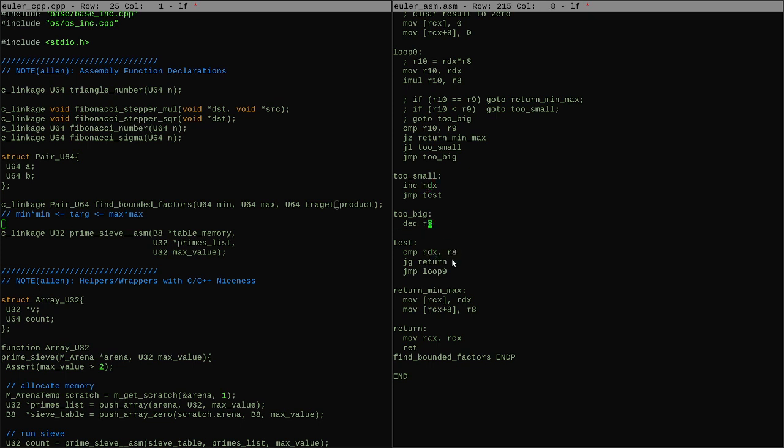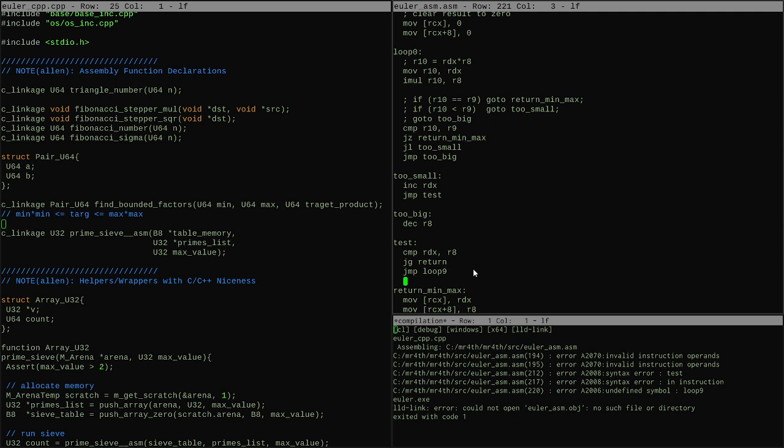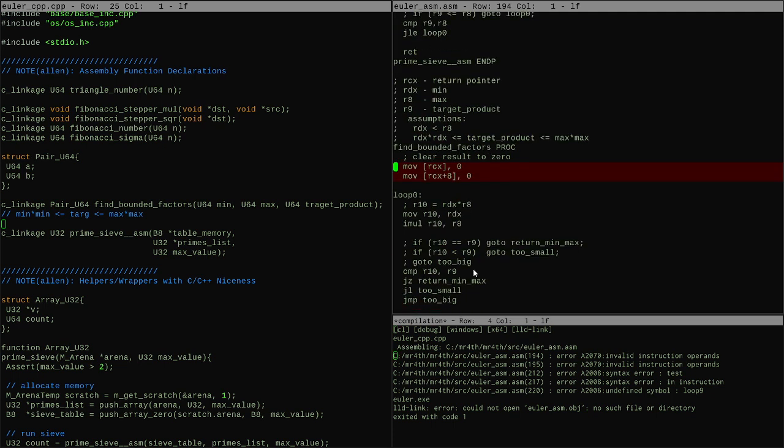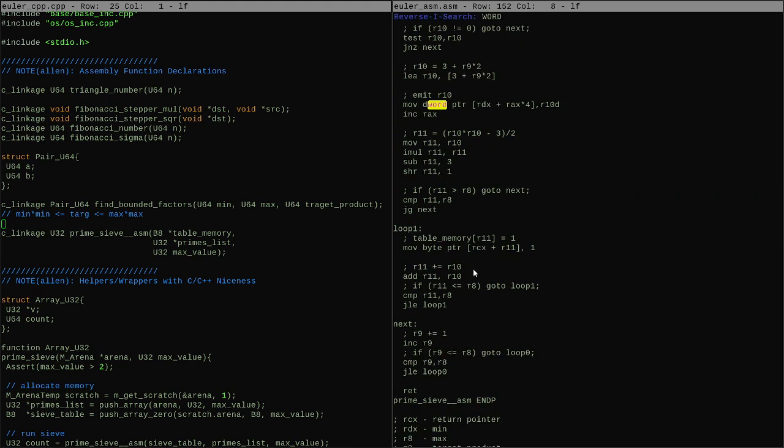We've just decremented them and we compare them, and if the boundaries have crossed, so R8 has gotten too small or RDX has gotten too big, then we will jump here and return with all zeros here. So the user of this thing will have to test to see if A is 0. If A is 0, then they didn't get a real result. But in theory, that should just implement the correct thing. If I have done everything correctly.